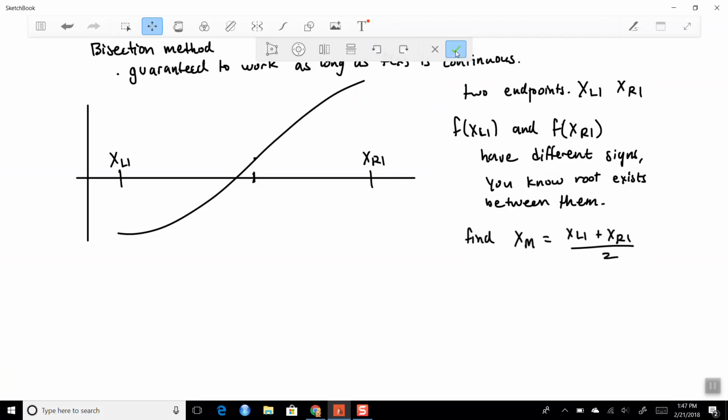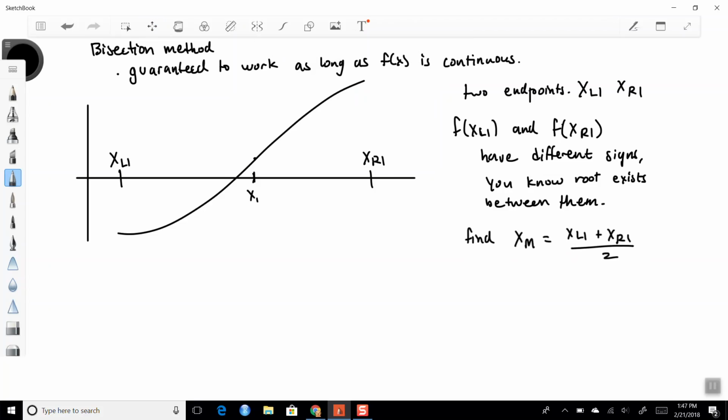Then you find the midpoint, xm, okay? And you find the sign of f of x at the midpoint. And basically, you keep the pair of points that have opposite signs.